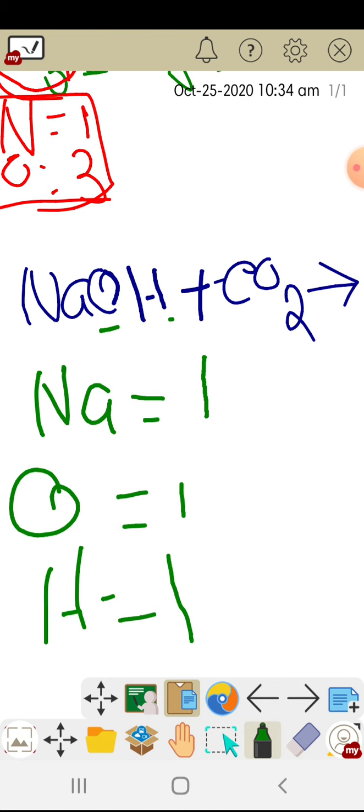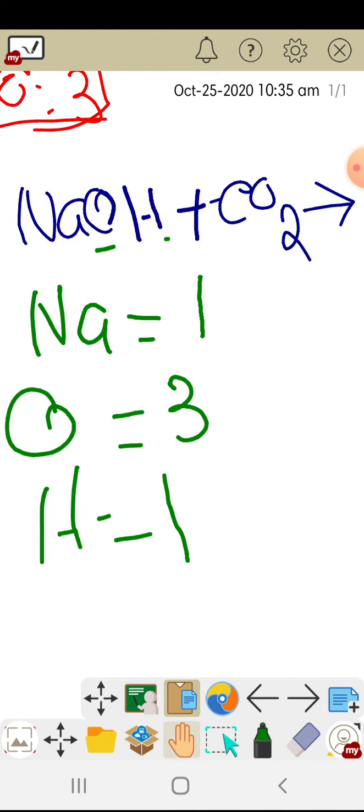Fine. And O is this. O is 1 here plus 2. So O is total 3, so instead of 1 plus 2, I can write O is 3. Hydrogen is 1, carbon is also 1, right?